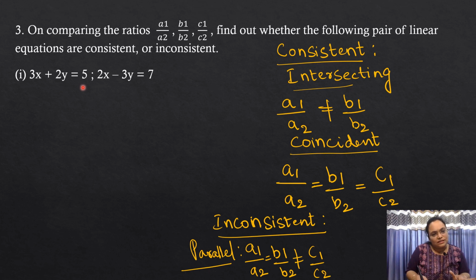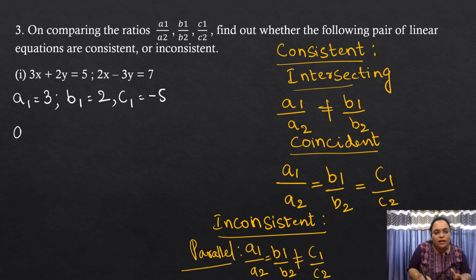3x plus 2y is equals to 5 and 2x minus 3y is equals to 7. So they have given a pair of linear equations, and we need to find if the equations are consistent or inconsistent. From the given equations, let us take A1 is equals to 3, B1 is equals to 2, C1 is equals to minus 5.